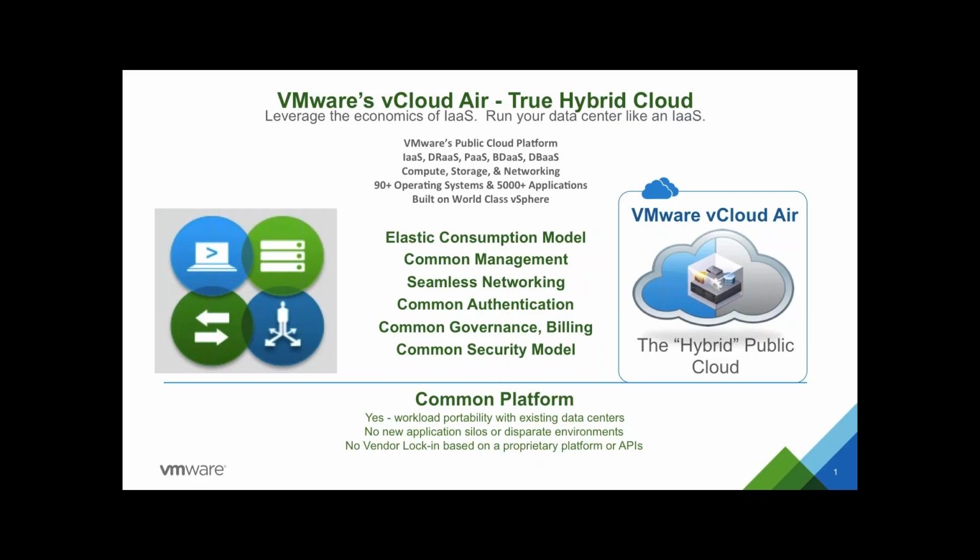It provides a seamless network between the on-premise and vCloud Air, and full compatibility between the workloads. So the same workloads that many of our customers have on-premise can be moved into the cloud and vice versa.